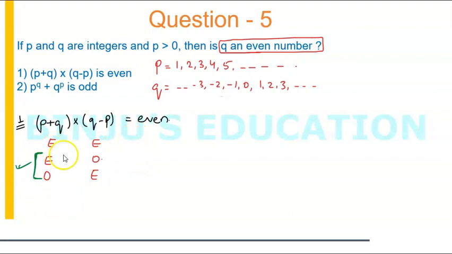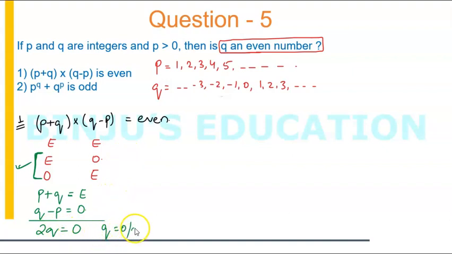So let's check the first one, when P plus Q is even and Q minus P is odd. If I add the two equations, P and minus P will get cancelled. I will have 2Q is equal to even plus odd, which is odd. So this will give me Q is equal to odd by 2.